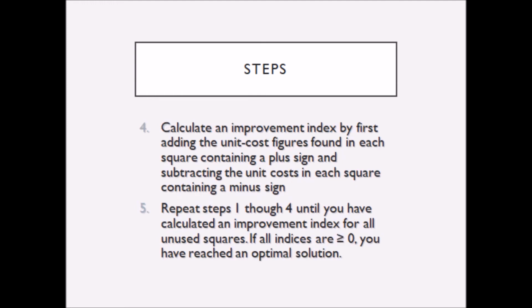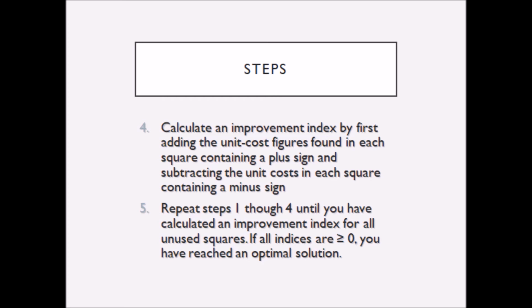Then calculate the improvement index by adding the unit cost figures found in each square containing a plus sign and subtracting the unit cost in each square containing a minus sign. Repeat steps 1 through 4 until you have calculated an improvement index for all unused squares. If all indices are greater than 0, you may have just reached an optimal solution.